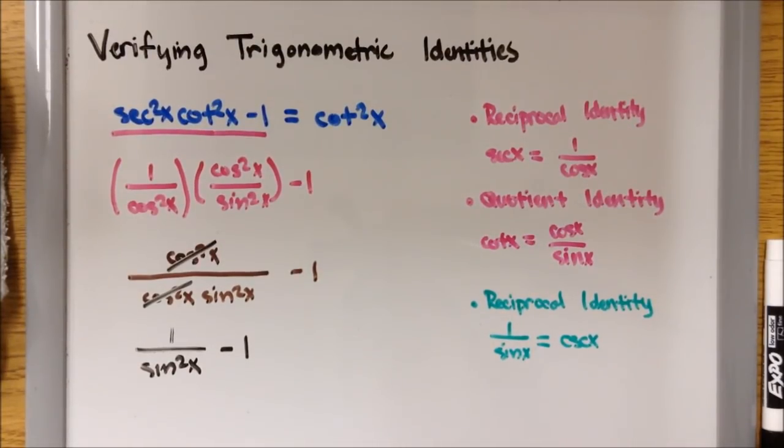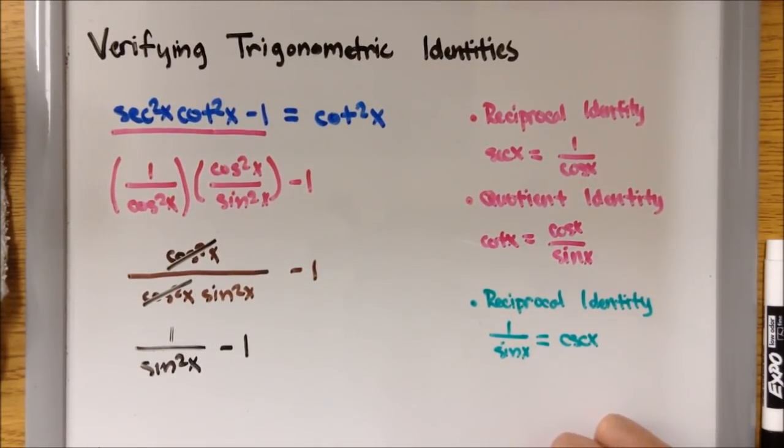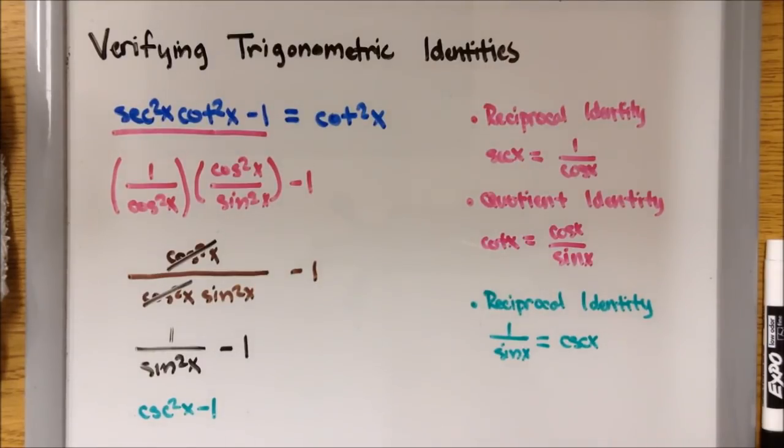So for this part, 1 over sine square x will be cosecant square x minus 1. And then I notice this looks vaguely familiar. Cosecant square x minus 1. If I recall, that's part of the Pythagorean identity.